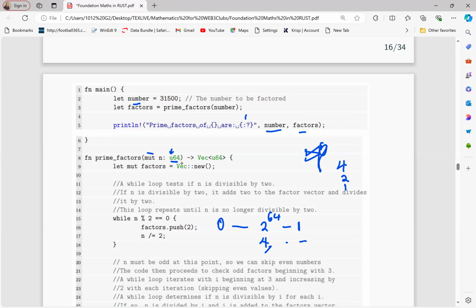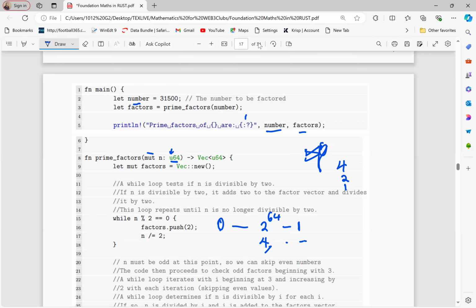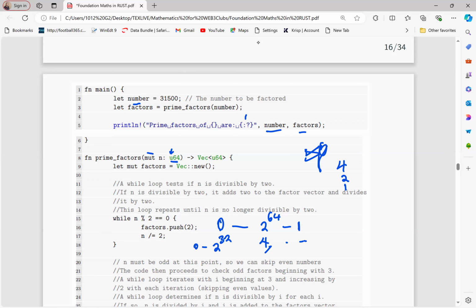That means we can deal with numbers from 0 to this number. If you say U32, then you're dealing with numbers from 0 to 2 raised to 32, minus 1, that is 32 bits. When you say U8, you are dealing with numbers from 0 to 2 raised to 8, minus 1.